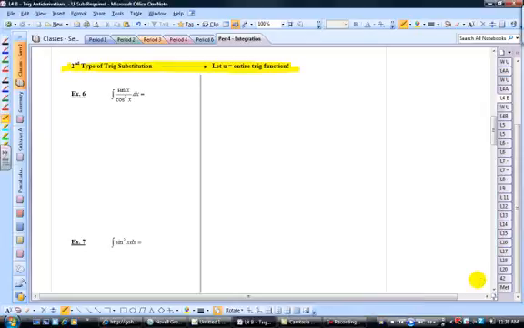You should be done. Here we go. u equals cosine x, du is equal to negative sine x dx. So negative du is equal to sine x dx. So all of this right here in the numerator, that's negative du.